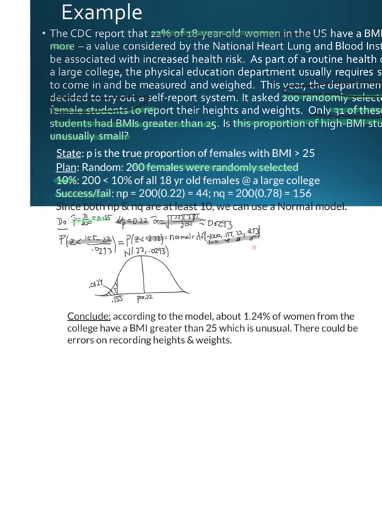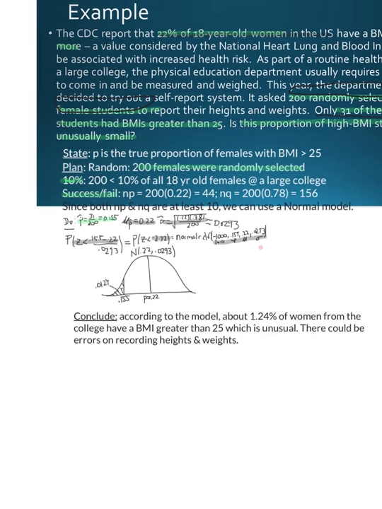So look at the 4 steps we did. The first thing we did was the state step, where we state the parameter for the population we're trying to estimate. The second thing we did was our plan step. This is where we list our conditions and check to make sure they are verified.